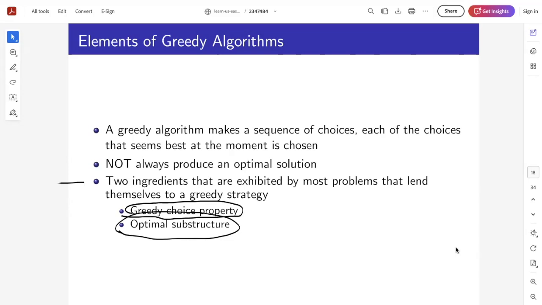So let's say A_m is the first one I choose, and then remove it together with all A_k that cannot be chosen, right?